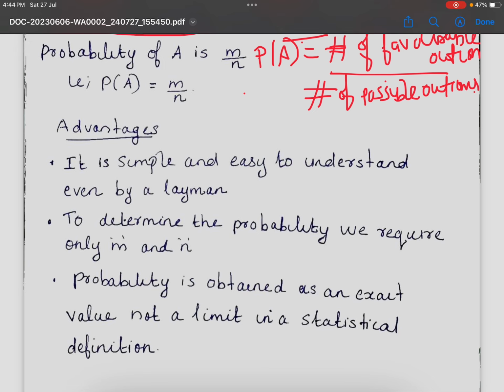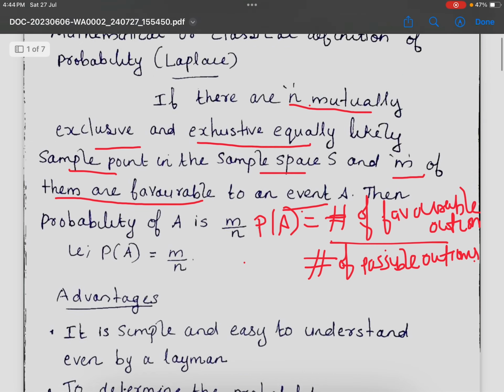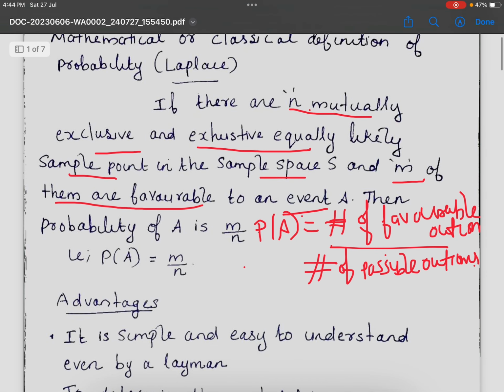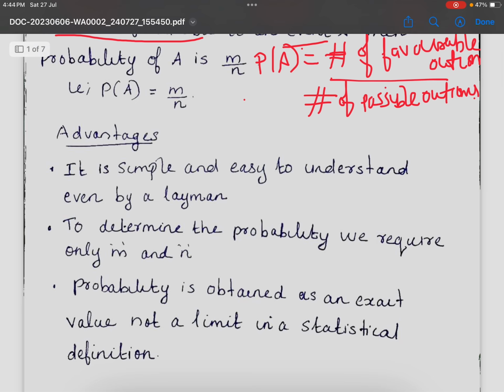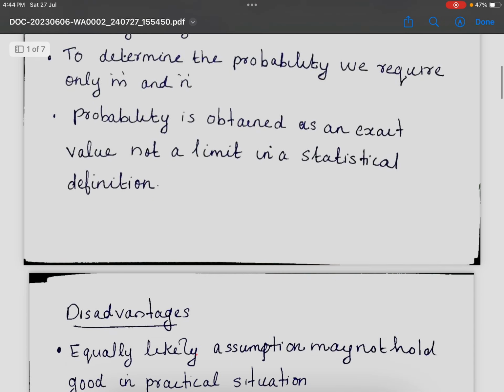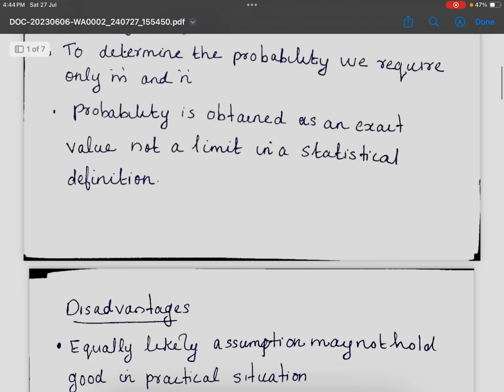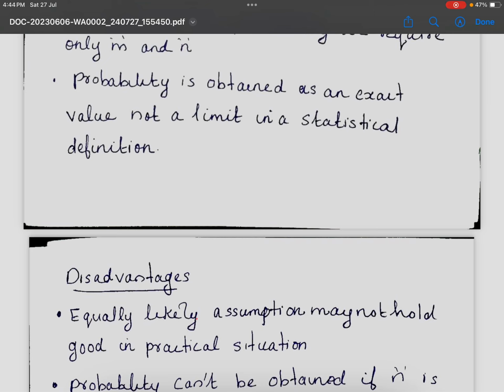In this definition we get an exact value, but in the statistical definition, which we will discuss next class, it is not so.